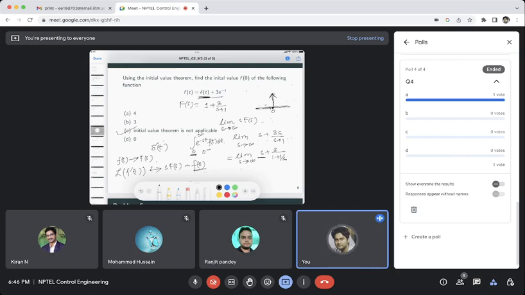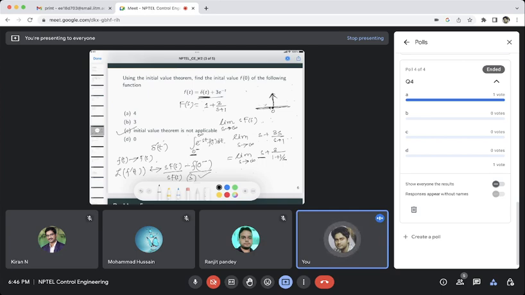So if we take this lower limit to be 0 minus, just to take care of the impulse, the formula will change. You can check, it will be f of 0 minus, and the impulse value just before 0 is 0, so it will be s into F of s. And the Laplace transform of the impulse is what? 1, so it will be s only, right?